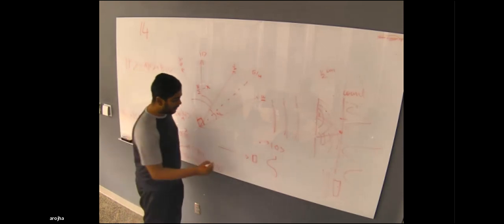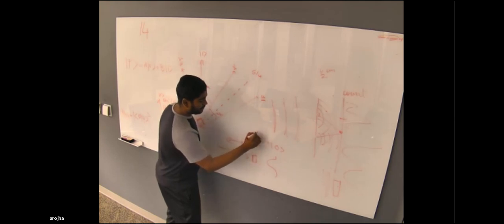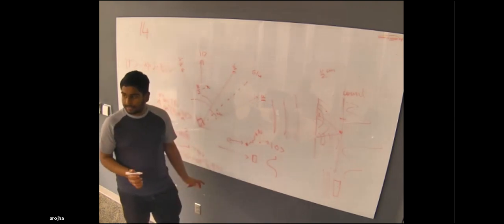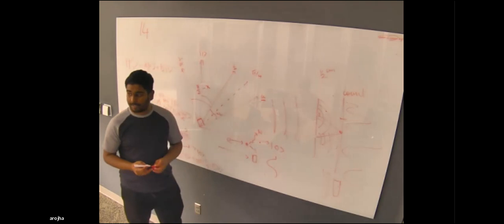So here's what happens. An electron comes in, it hits an atom, and it emits a kind of radiation, some energy.